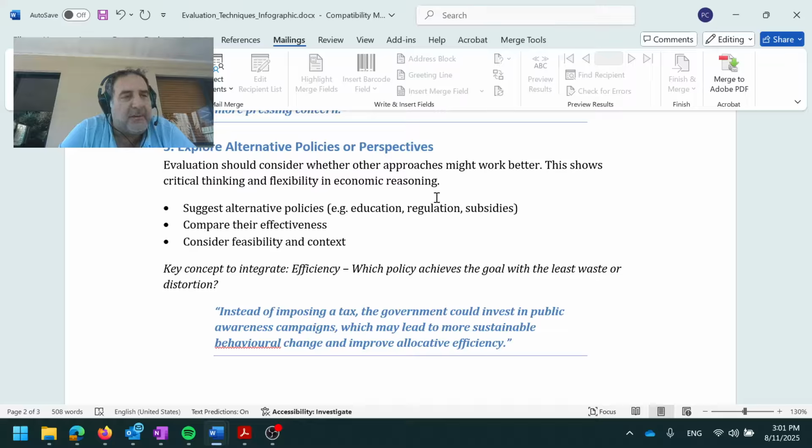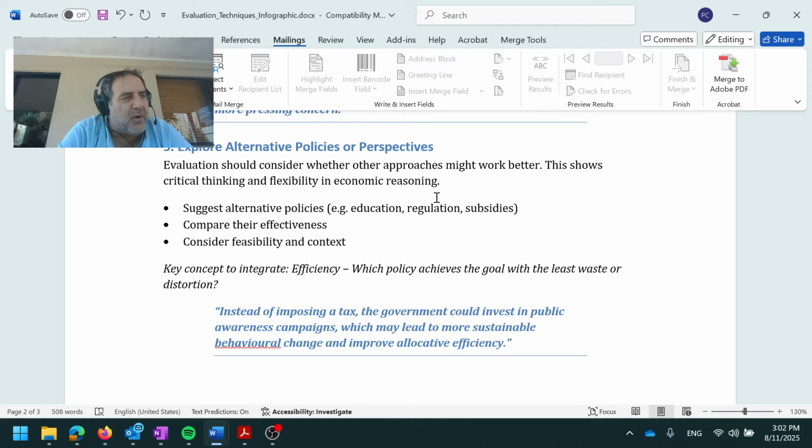So like I said, if you're thinking macro, if the question is about monetary policy, you need to suggest maybe how fiscal or supply side policies can be used to maintain or achieve a particular macroeconomic objective.